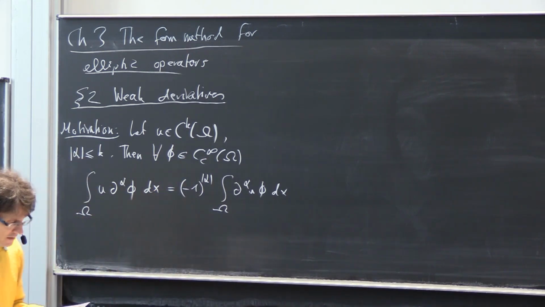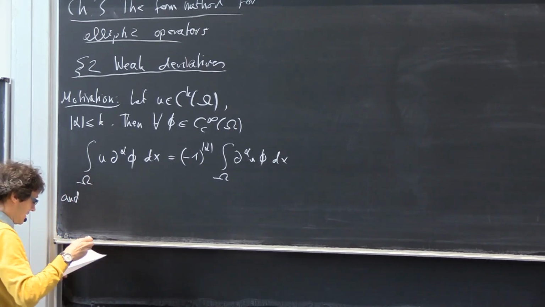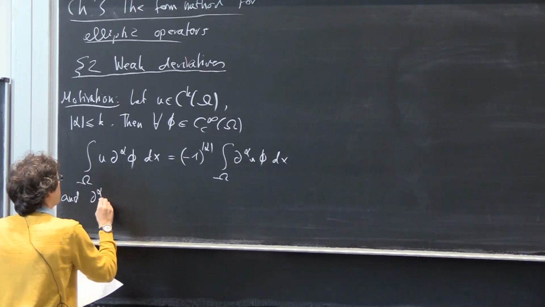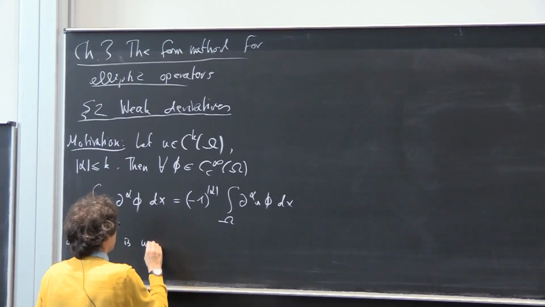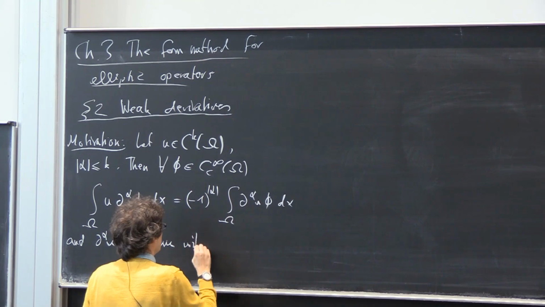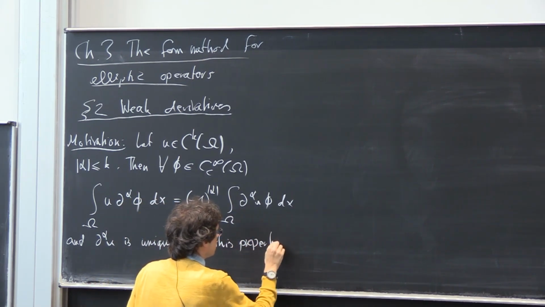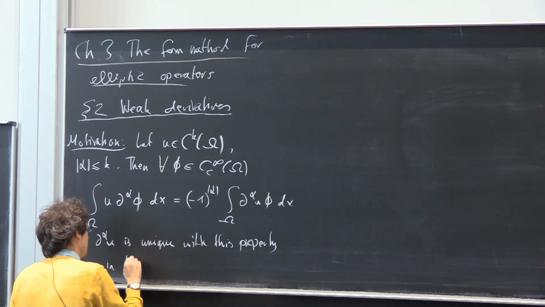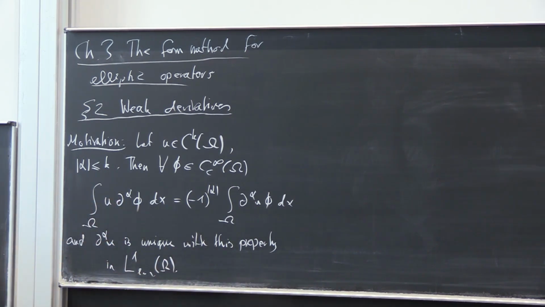It's worthwhile to note that this is in some sense unique. The function D^alpha u fulfilling this equation is unique with this property, at least in a really large space: the space of all locally integrable functions on omega, L1 loc, so integrable on every compact subset of omega.